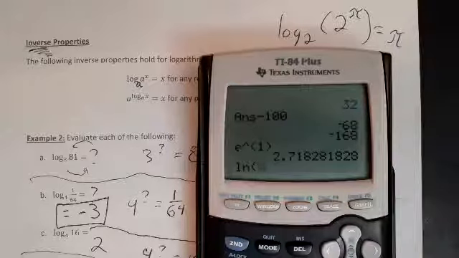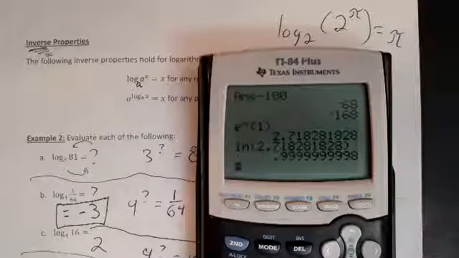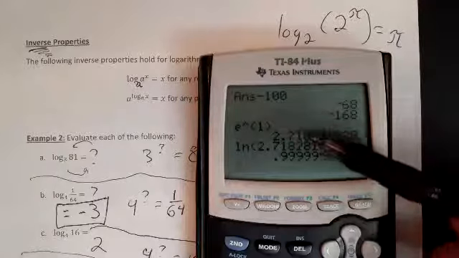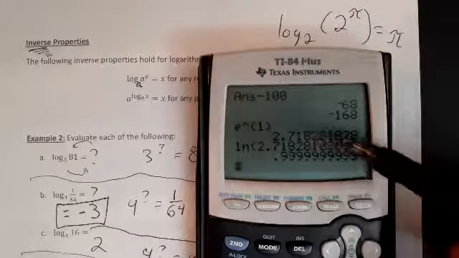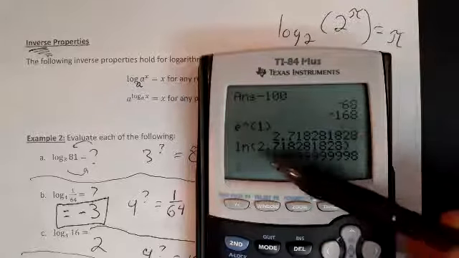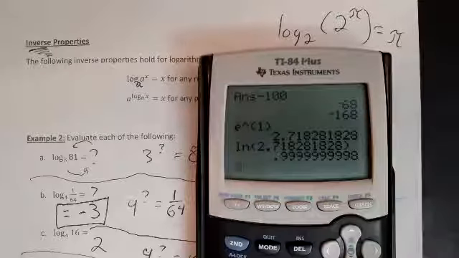If we do ln of 2.7182812828, it's probably going to give me something close to 1, because these are inverse. If I throw 1 into my e function, it's going to give me that 2.718. This isn't the whole number because it's an irrational number, so we're just rounding it, but it's close to 1, right? They're inversing each other.